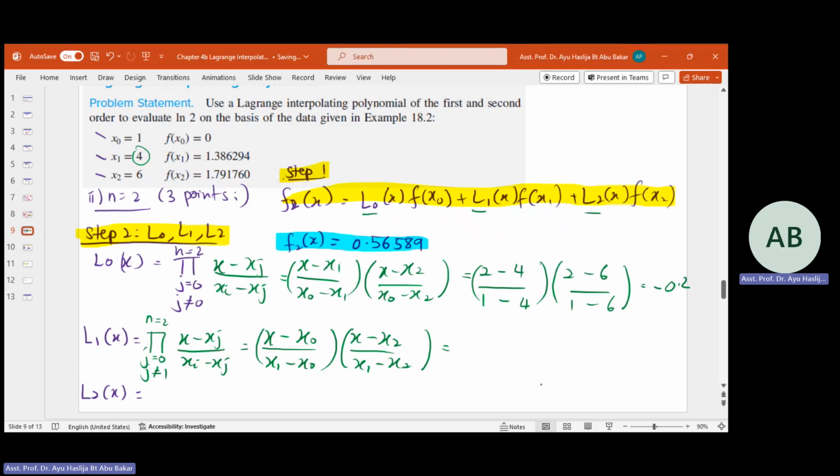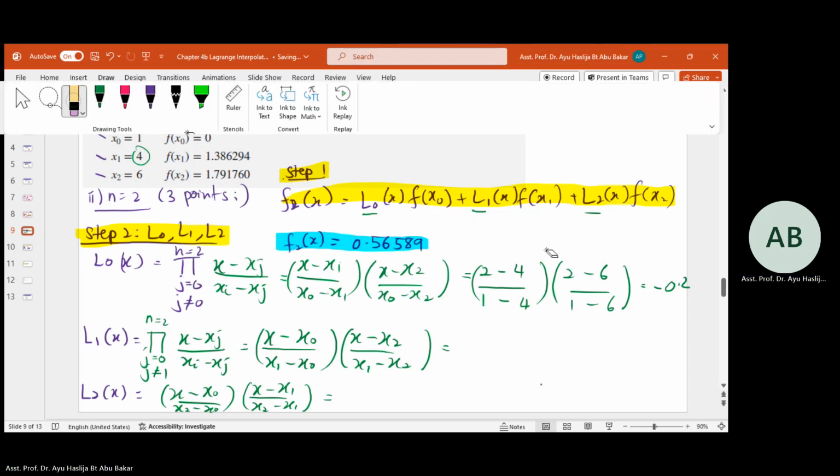Try to calculate for L1 and L2. Sorry, L0 is not negative 0.2. That is L2. Sorry, my bad.